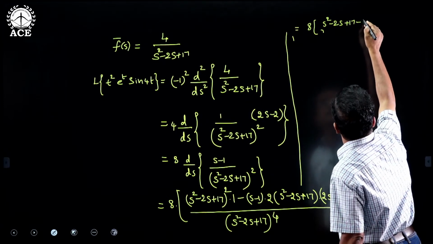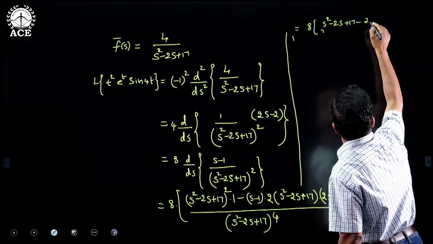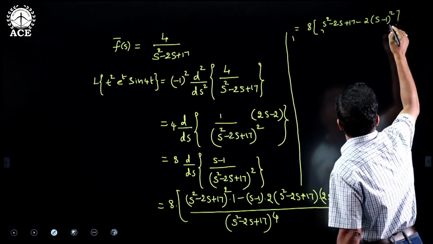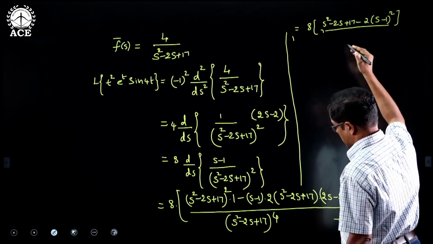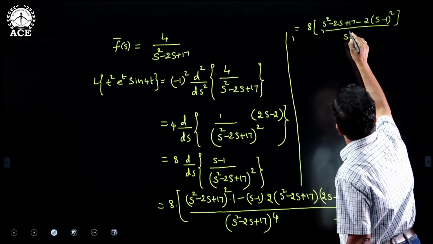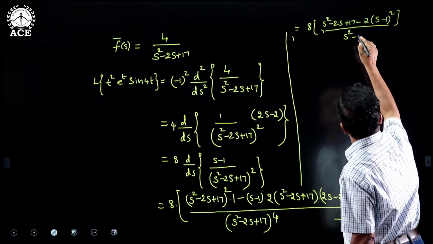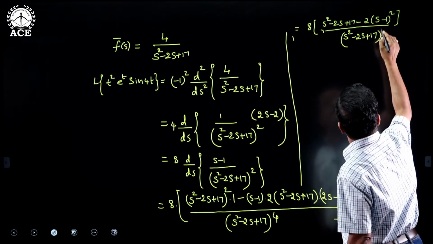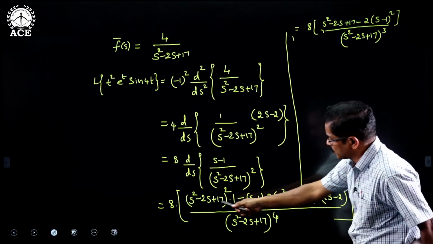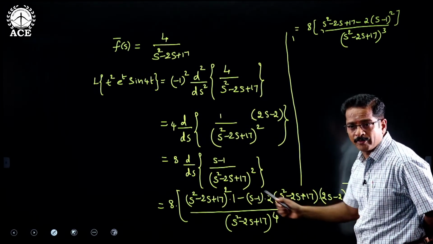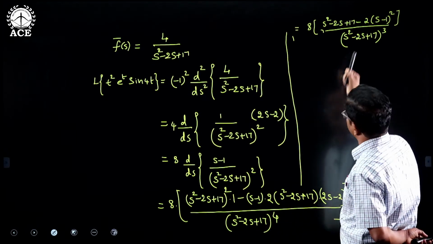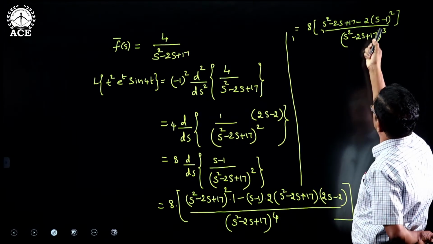That is minus 2 into s minus 1 whole square by s square minus 2s plus 17 whole cube. As I took s square minus 2s plus 17 common from the numerator and it got cancelled with the denominator, the denominator is left with the cube.